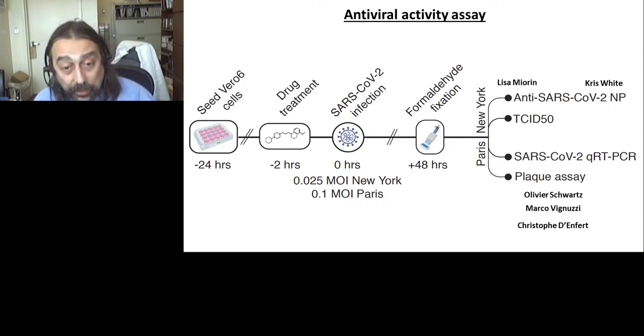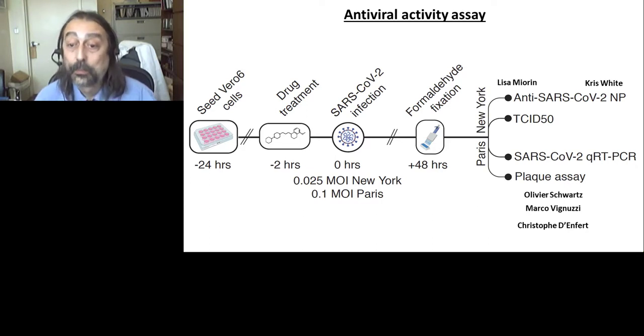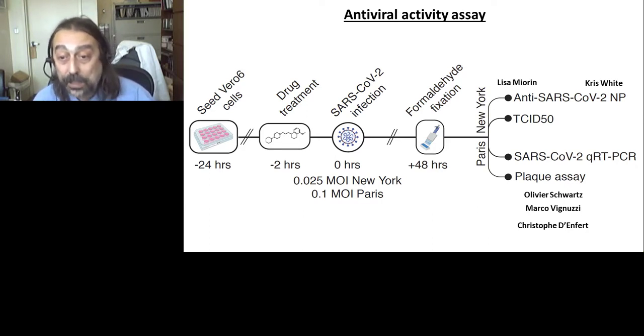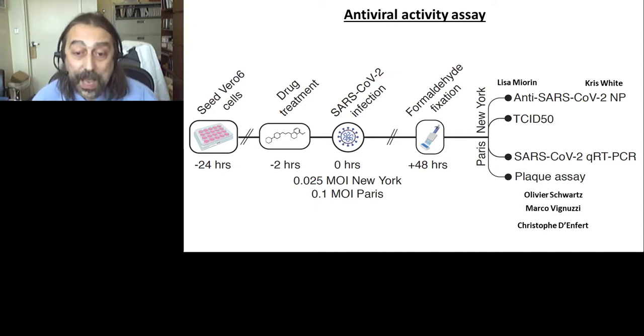But if there is an inhibitor of viral replication, fewer cells will be infected. In addition, for the ones that give a hit, we take the supernatant from these cells and determine the amount of virus produced in the supernatant as tissue culture infectious dose 50. Again, if we have an inhibitor of viral replication, you will also get less virus.